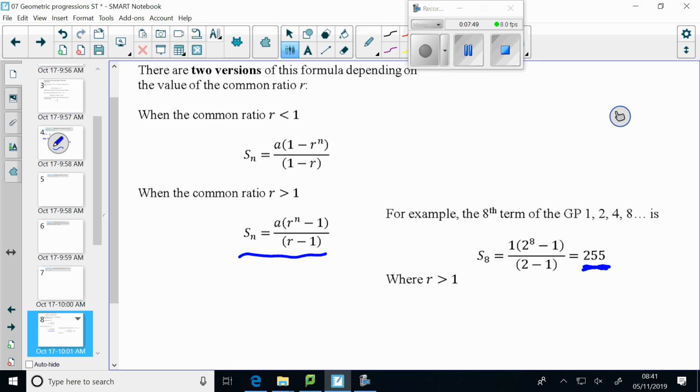The sum of the first 8 terms is 255. So depending on whether the common ratio is greater than or less than 1, you have to select the right formula for the sum of terms.